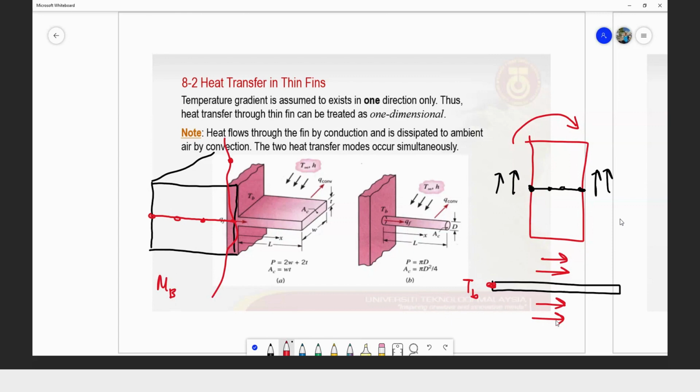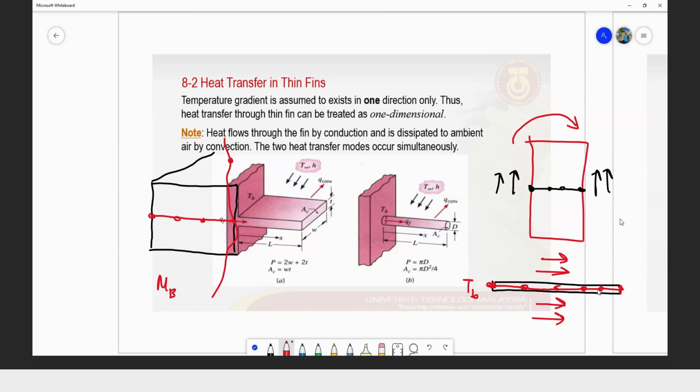And then usually in this problem we will assume that we insulate this part. Actually its thickness is very small, with very small contribution toward the heat dissipation. What we are trying to do is to obtain the temperature distribution along this fin. Along the fin.